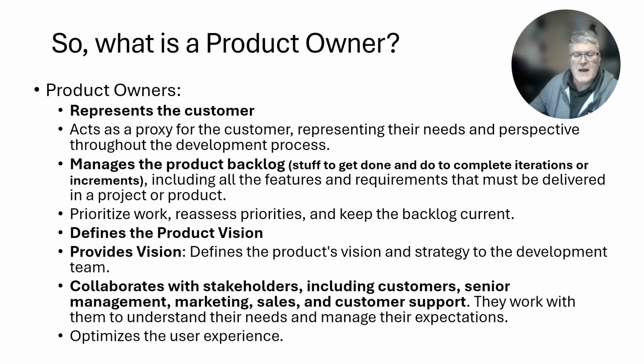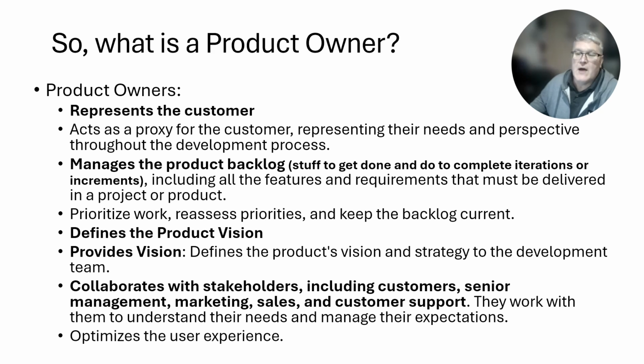They define the product vision. So that has to do with a descriptive picture of what we want when the project is over, so the final outcome. They collaborate with stakeholders to include customers, senior management, marketing, sales, customer support, and so forth.